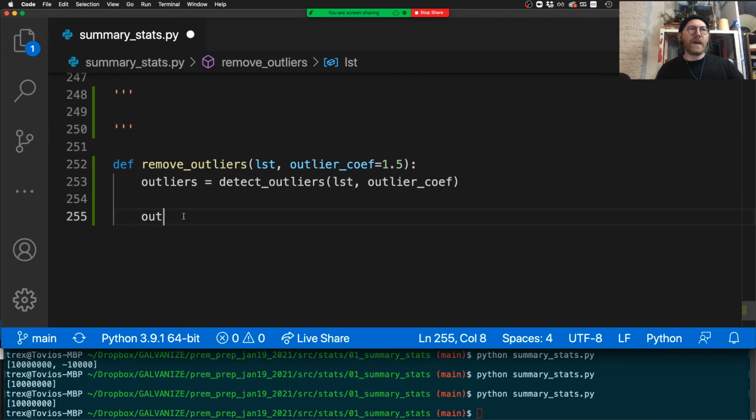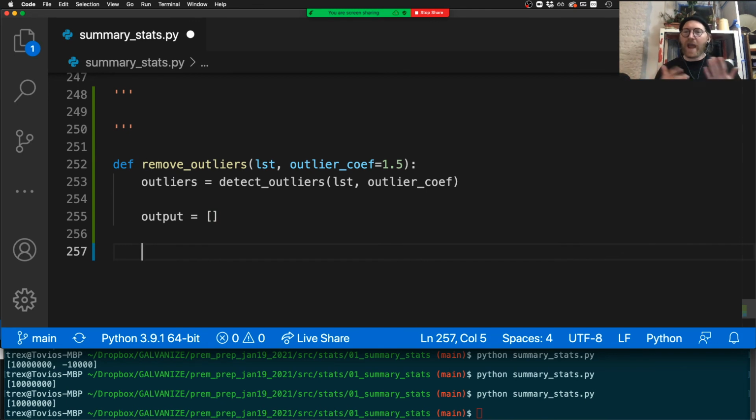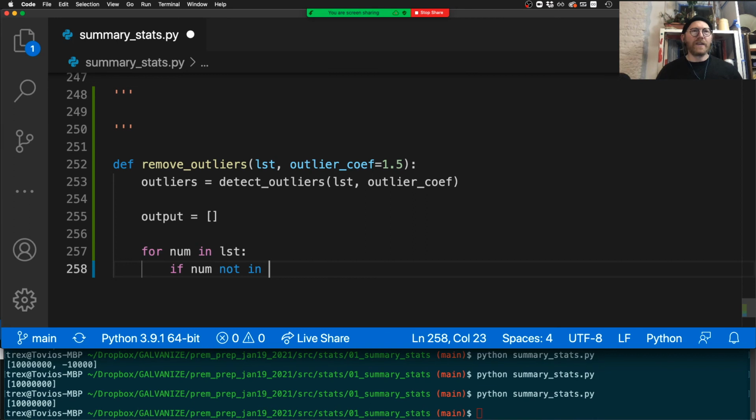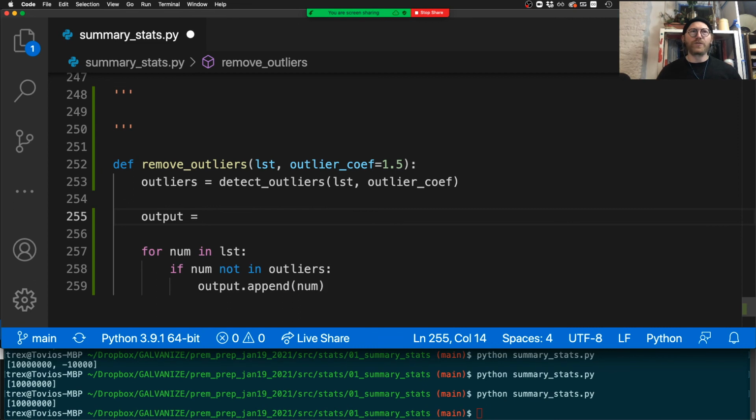So instead, I'm just going to say output, and I'm going to pack this in with any value that is not an outlier. I can just say for num in list, if the num is not in the outliers, right? This is very, very straightforward. We can just append that to the output. Output.append num.